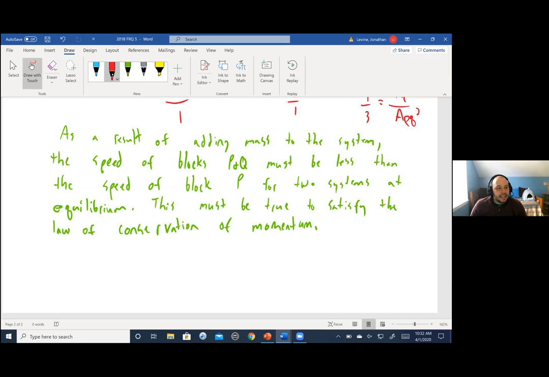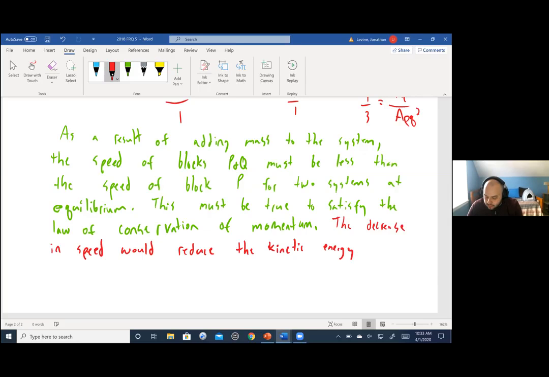Now you'd have to get into kinetic energy. So this in turn, the decrease in speed, would reduce the maximum kinetic energy of the two block system.